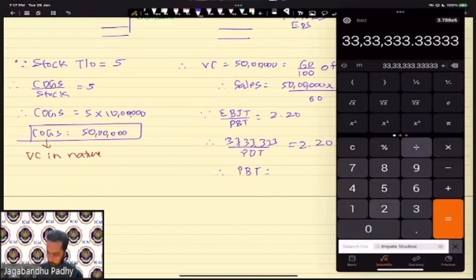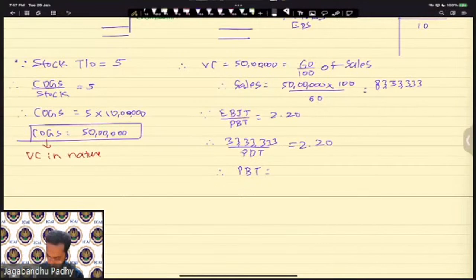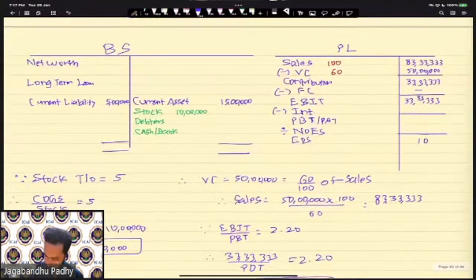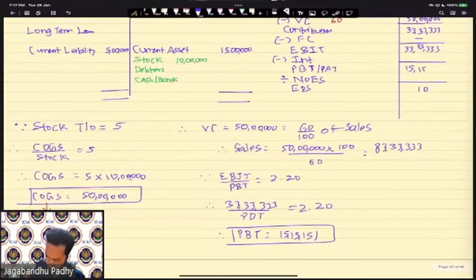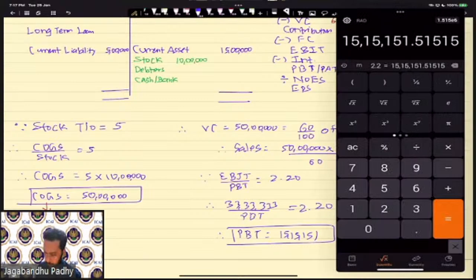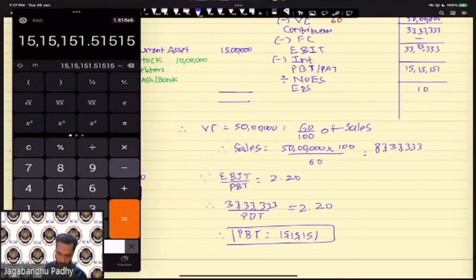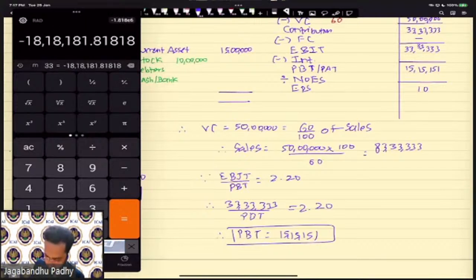PBT is 15,15,151, and accordingly the interest will be the difference between these two, which is 18,18,181 or 182 for that matter.